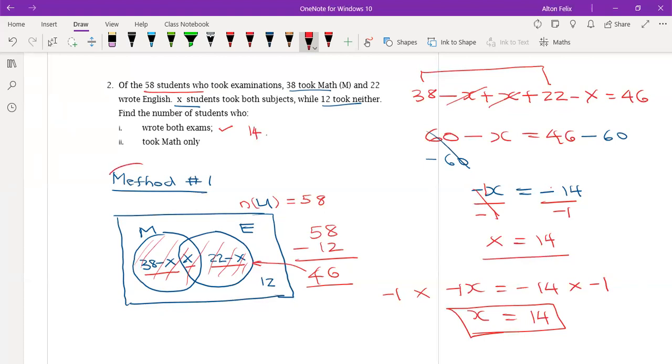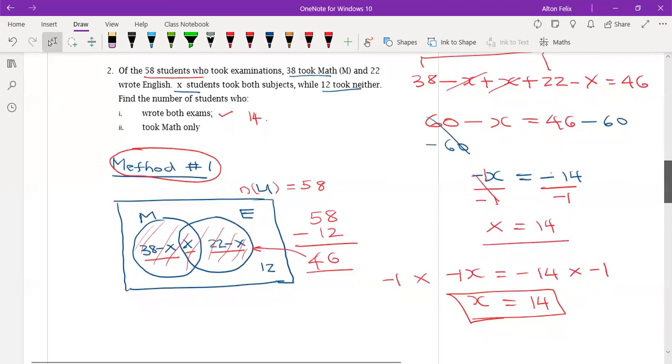I did promise to show you another method. So let's look at method 2. Method 2 will involve the use of the formula. And I will clear just a little space here.